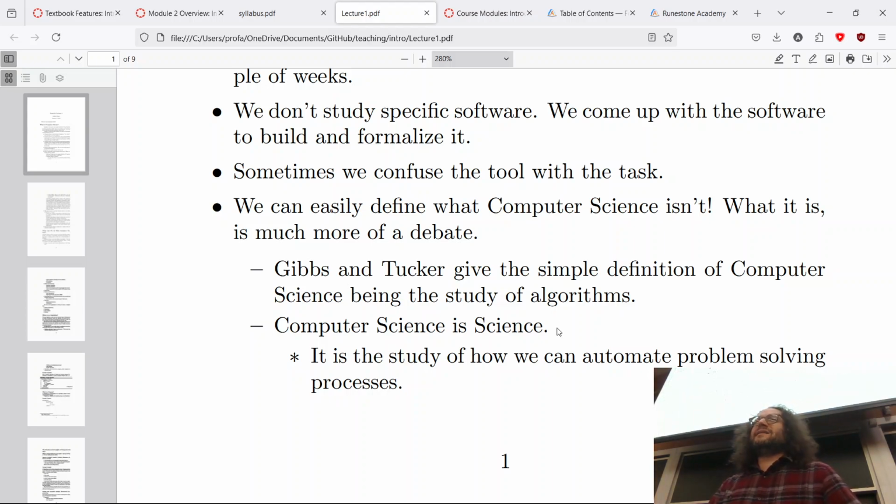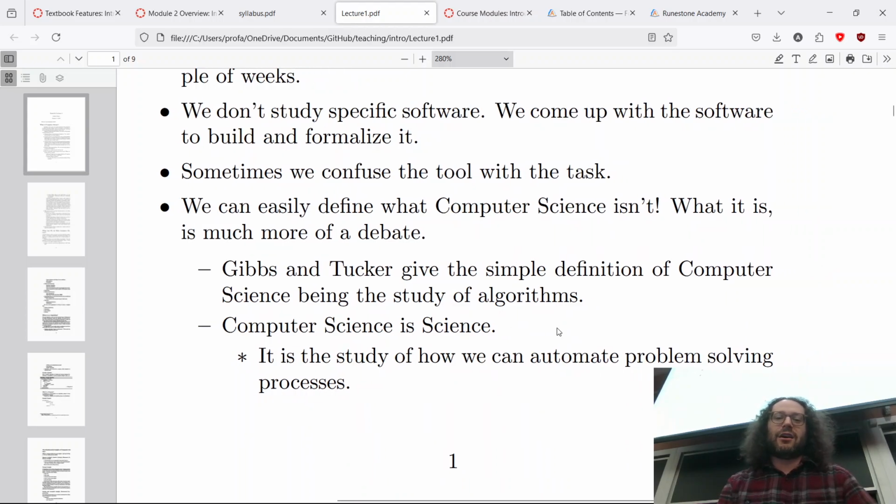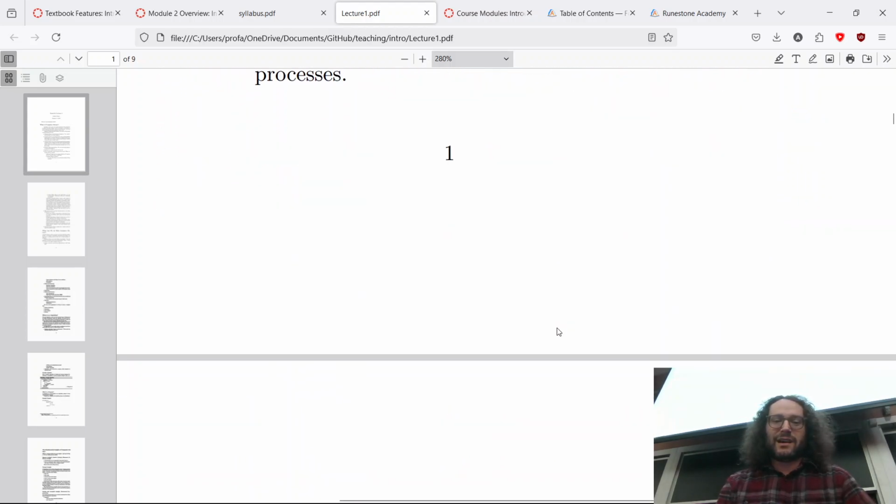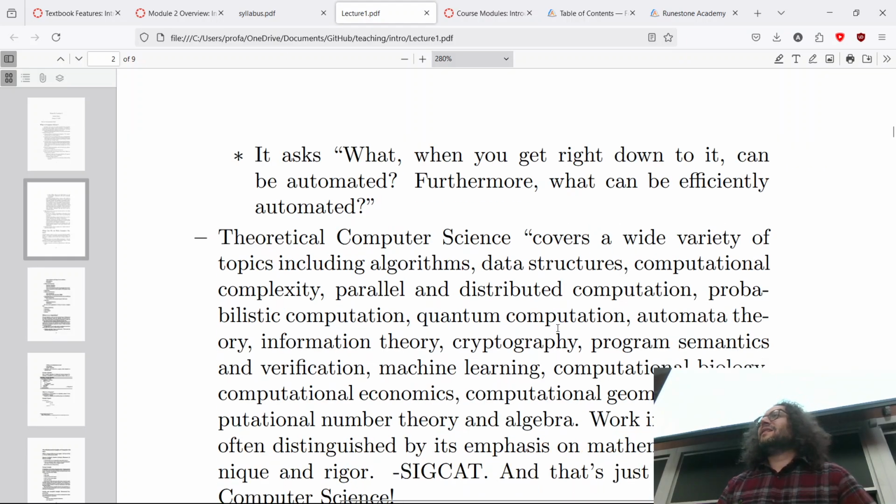Specifically, computer science is the study of how we automate problem solving. It is the study of problem solving and the automation of problem solving processes. The question it tries to answer is, what, when we get right down to it, can be automated, and what can get automated efficiently?